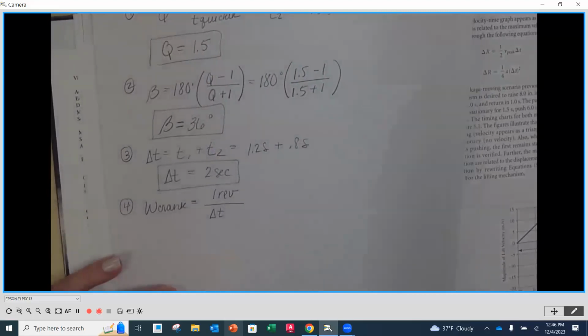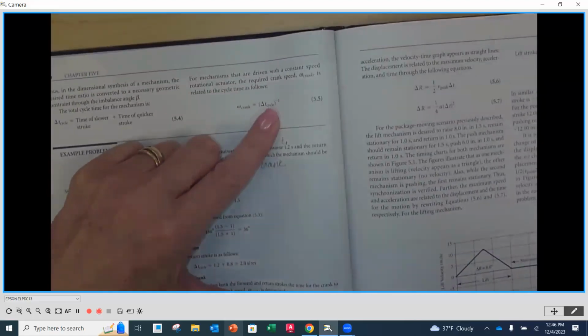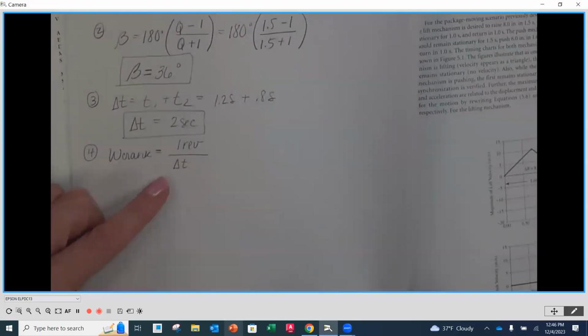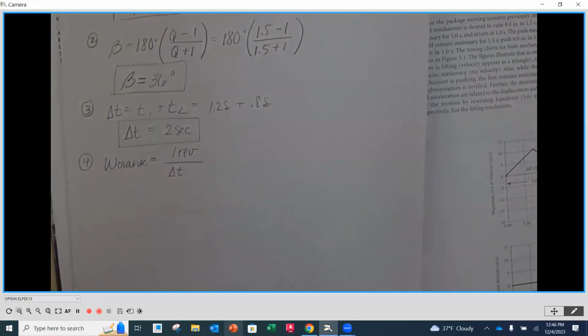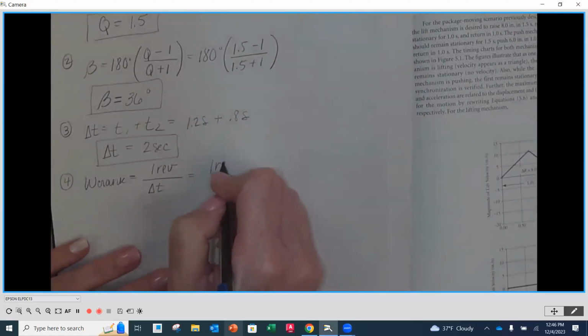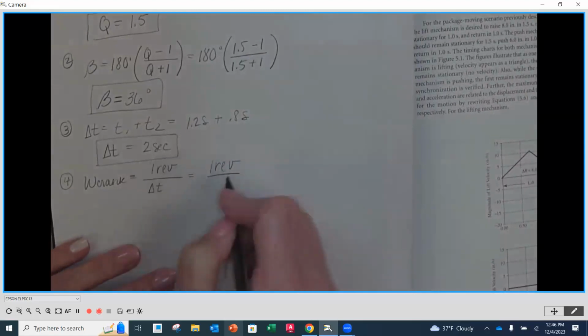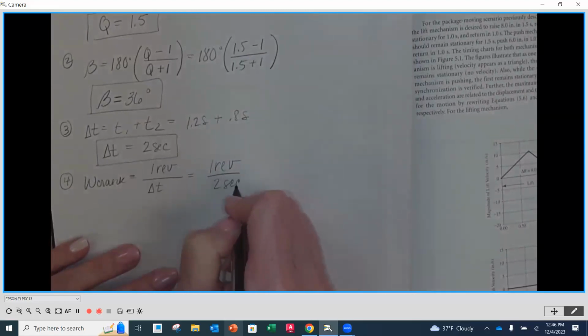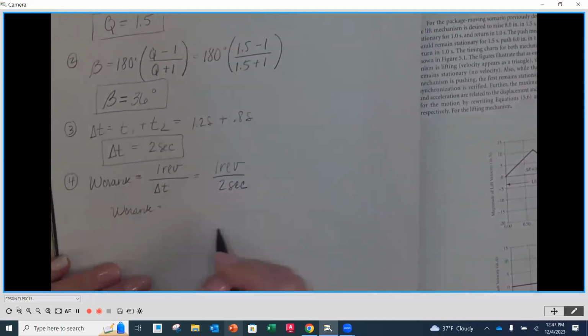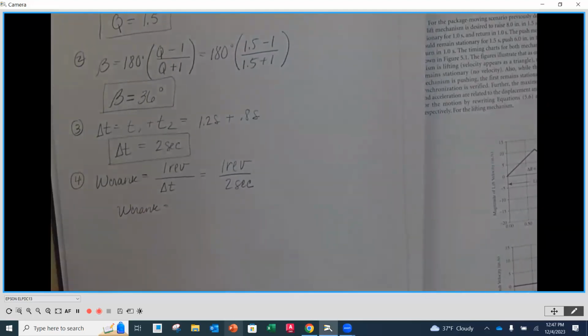The way that they write it out is change in time to the -1. It's not wrong, but I think it's a little incomplete. So I encourage you to write it out like this. It's the very same thing, and 1 revolution goes on top. So 1 revolution divided by 2 seconds. Our W of our crank is equal to 1 divided by 2.